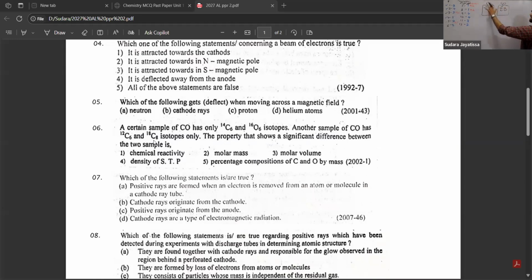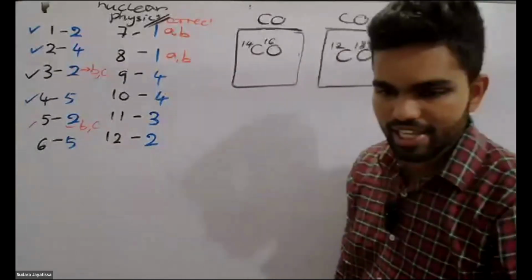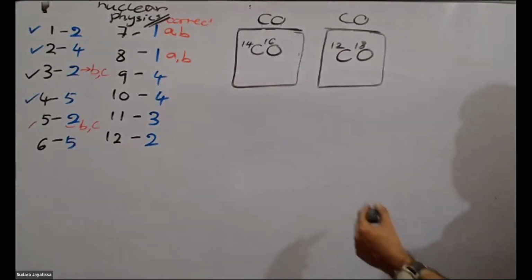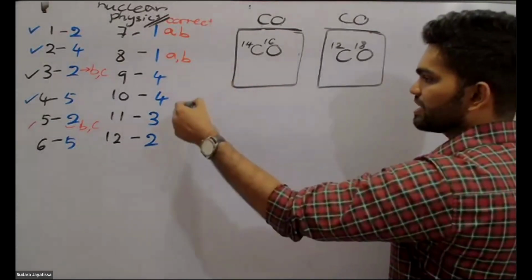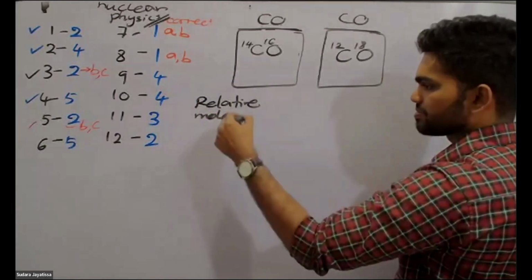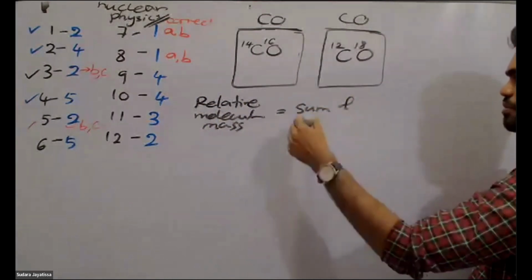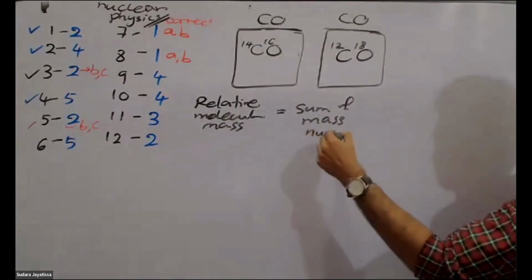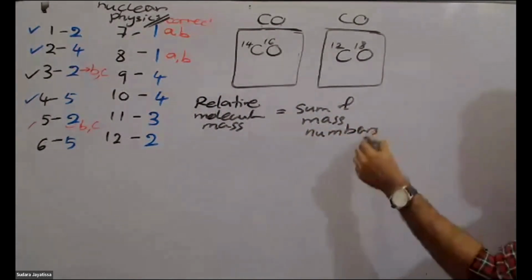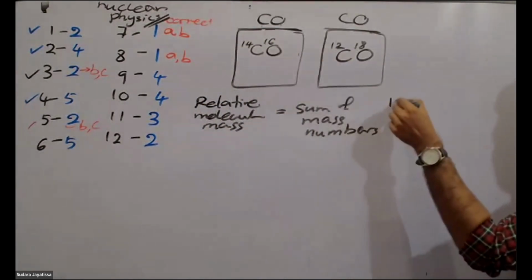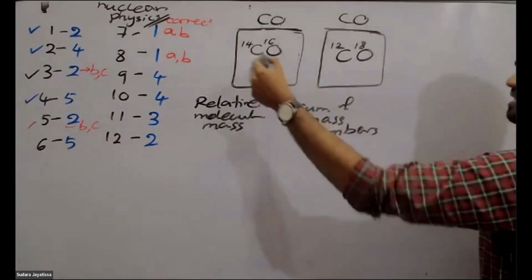According to the theory discussion we had in our theory class, if you take the molecular mass, it is the same, isn't it? How do we find the relative molecular mass? Relative molecular mass is equal to the sum of mass numbers. Here carbon 14 and 16, so the mass number is 30.